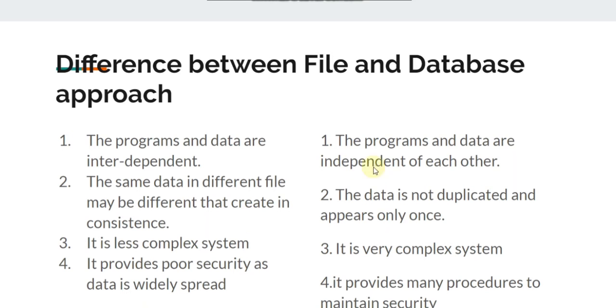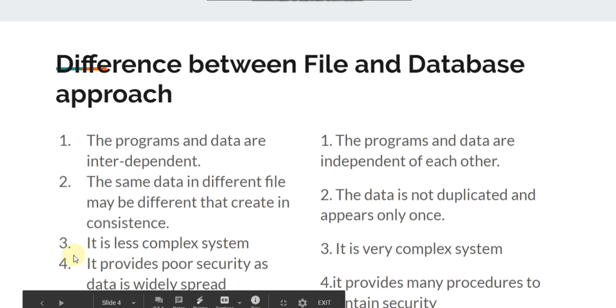In a database the data is not duplicated and appears only once. So we have a student database, and we want the library card for the student, so we access the student database, get the information and make the card. That is why the database approach is really very easy, and it helps us to easily access, retrieve and perform operations on the given data.